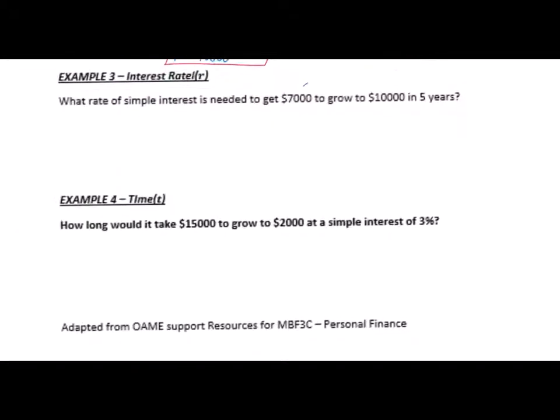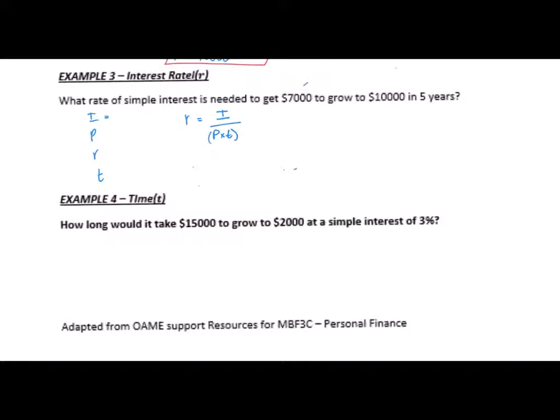Now we're going to try and calculate the rate of simple interest. I'm going to set up the equation, and then we'll do the problem. This problem says what rate of simple interest is needed to get $7,000 to grow to 10,000. If it grows to 10,000, there was a difference of 3,000.